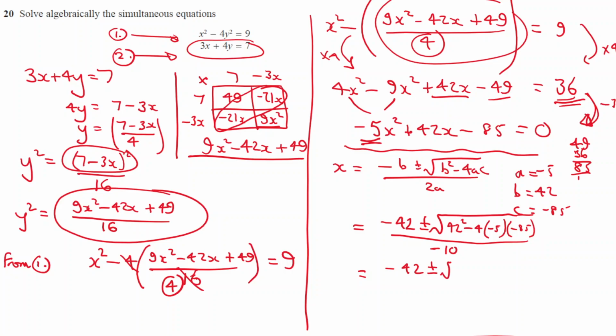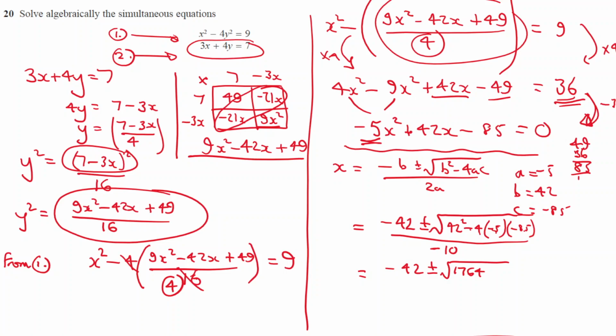Now I'm going to take care on the calculator because it's calculator paper. So I'm going to work out 42 squared. Actually, no, what I'll do first of all is I'm going to multiply 4 by 5 by 85, and it's negative, negative, negative. So actually, just thinking about this on the fly, I'm going to break this down into 2 steps. 42 squared is 1764. I'm going to multiply 4 by 5 by 85.